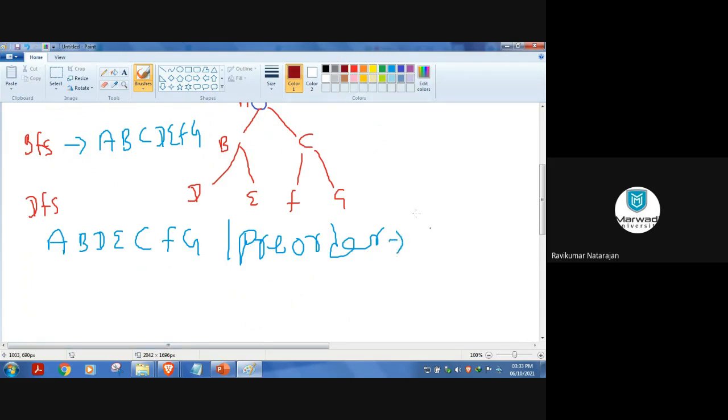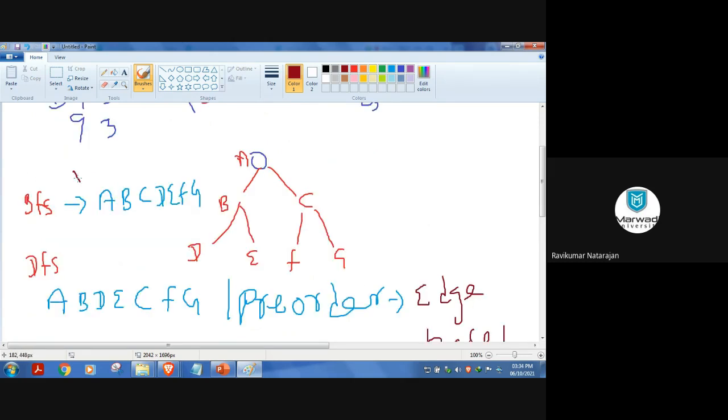And one more point: why is it called edge-based and vertex-based? Why do I call BFS vertex-based? Because I go level by level.